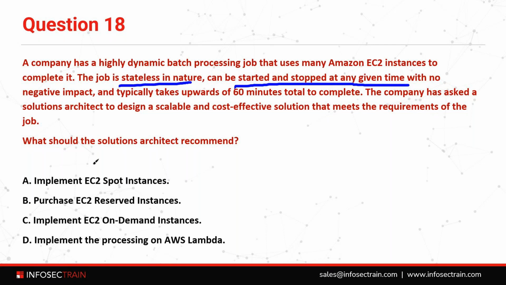Okay. So here we have the first option, the EC2 spot instance. Any idea, guys, what an EC2 spot instance is all about? A spot instance allows you to use AWS unused EC2 capacity at up to 90% discount.